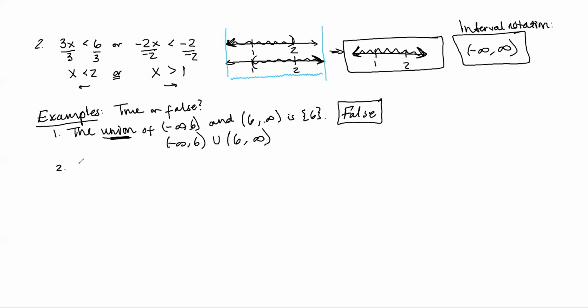Second one here, the intersection of negative infinity to 6 with a bracket and 6 to infinity, 6 has a bracket there too, is the set 6, just the number 6. So remember, we're looking for the overlap because, oh, I wrote that one wrong.